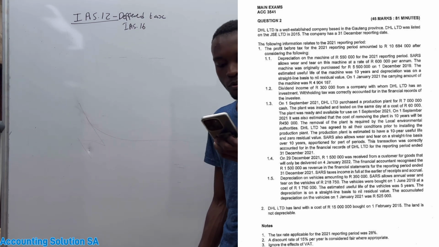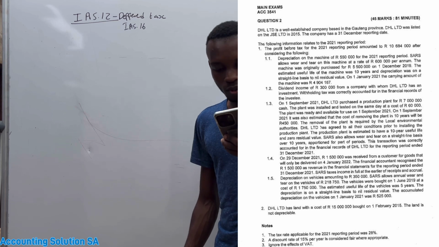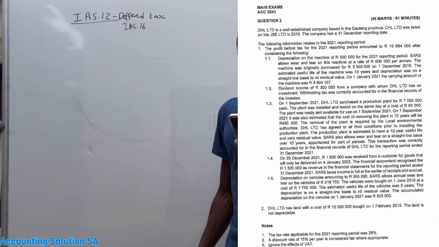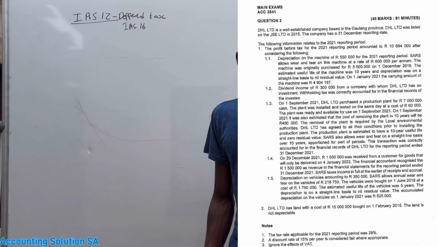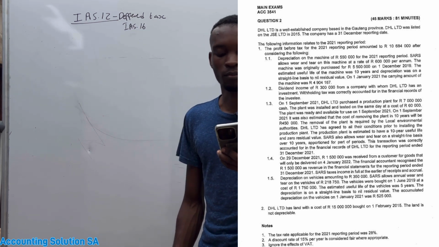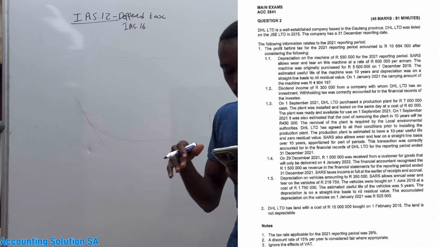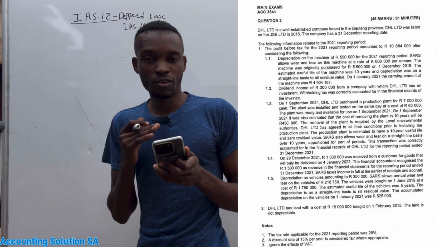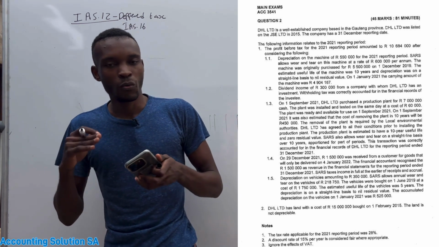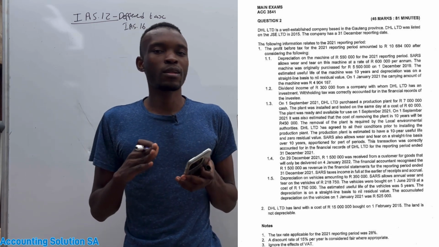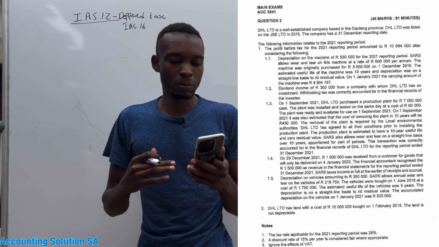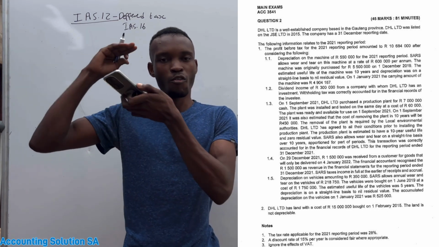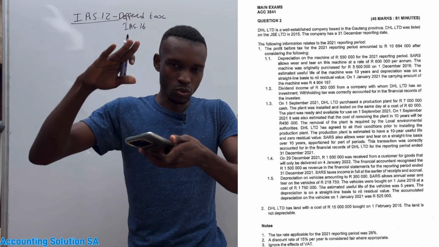Number one, they said profit before tax for the 2021 reporting period amounted to 10,684,000 after considering the following. Basically, the profit before tax that they give us, we can use if we are preparing, for example, a reconciliation of income statement, which means we start with that balance of profit before tax, then we do the adjustments.